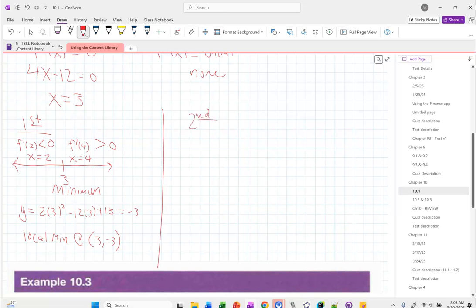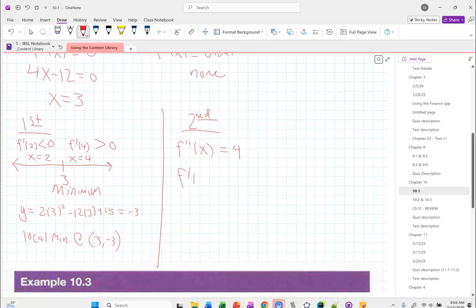So to accomplish the same thing, I could do a second derivative test. You never have to do both. This is just the other option. To do the second derivative test, I start by finding the second derivative. So it's the derivative of 4x minus 12. 4. Okay.